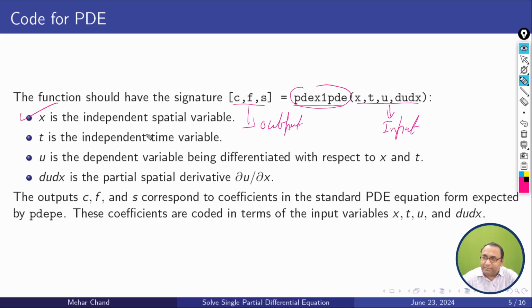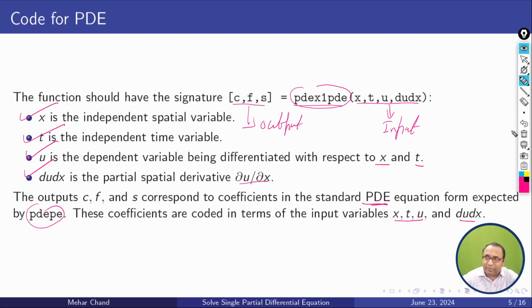x is the independent spatial variable, t is the independent time variable, u is the dependent variable being differentiated with respect to x and t. du dx is the partial derivative del u upon del x. The output c, f, s corresponds to the coefficients in the partial differential equation form expected by PDEPE. The coefficients are coded in terms of the input variables x, t, u, du dx.